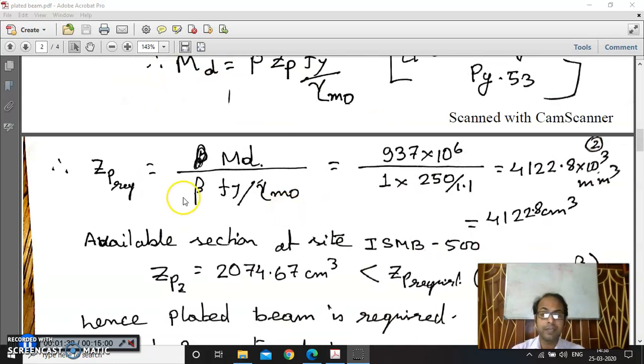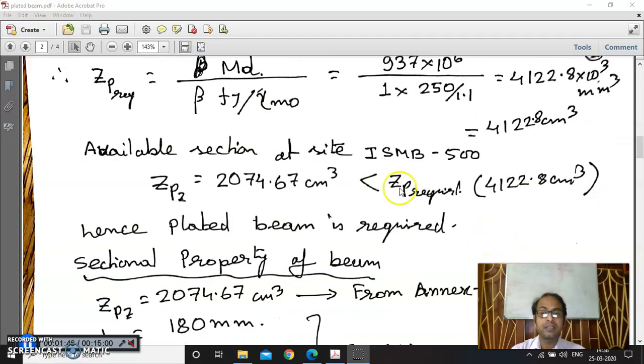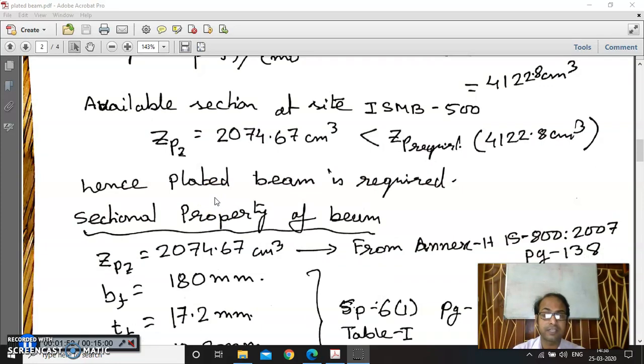So from here we have got the Zp required, which is 1422.8 centimeter cube, and the available section at the site is ISMB 500, but the plastic section modulus of that section is 2074.67 centimeter cube, which we have obtained from Annex H, page 138 of IS 800:2007.